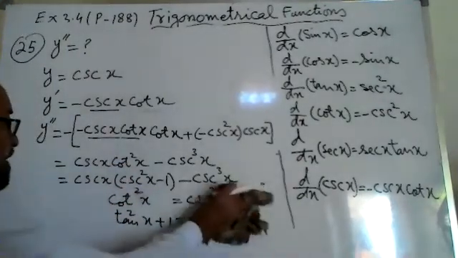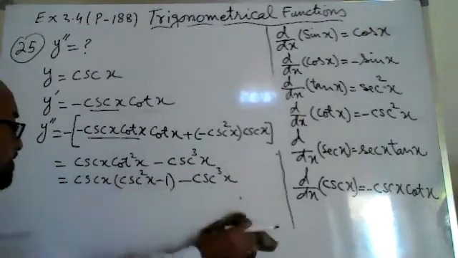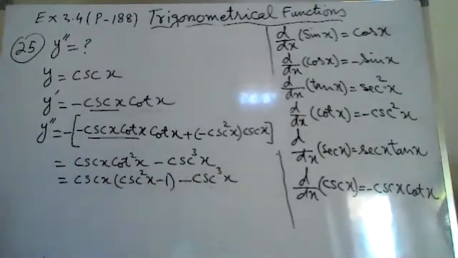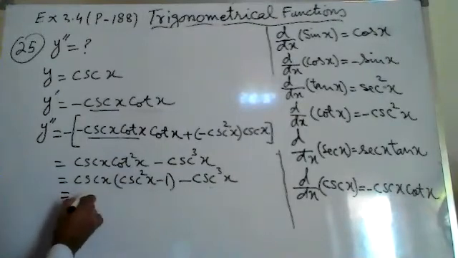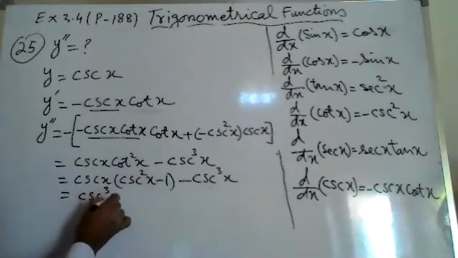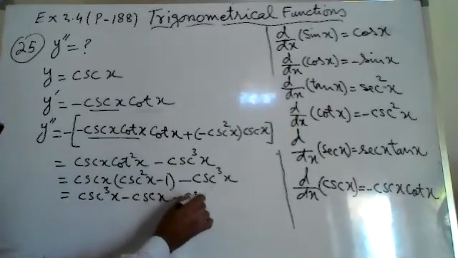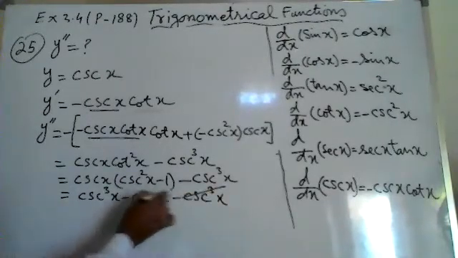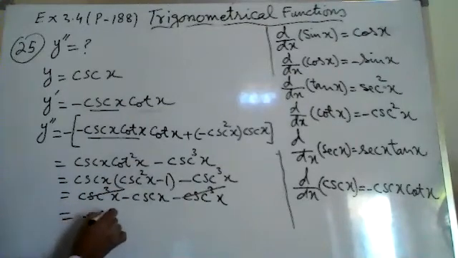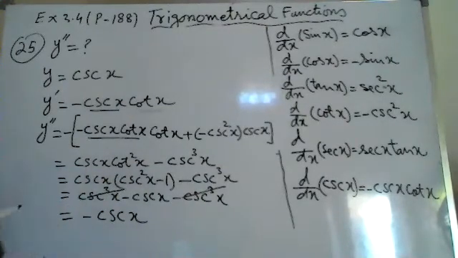So now we will open the bracket. This will become cosec cube x minus cosec x minus cosec cube x. So this is cancelled. Minus cosec x is the answer.